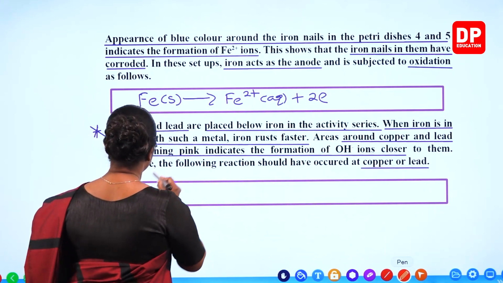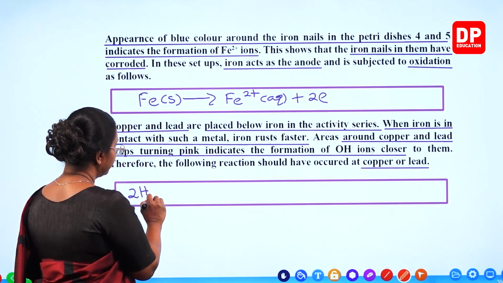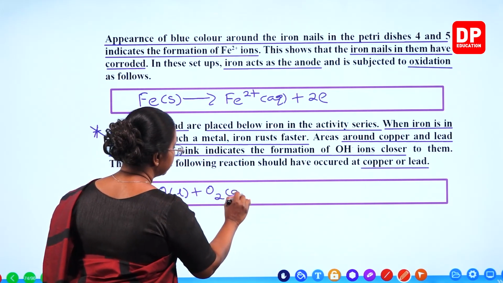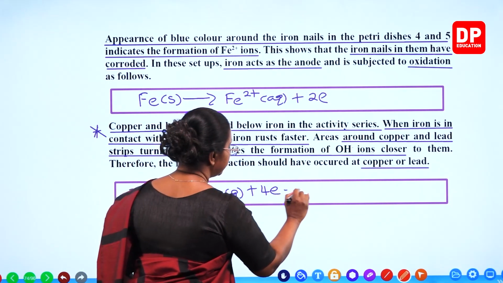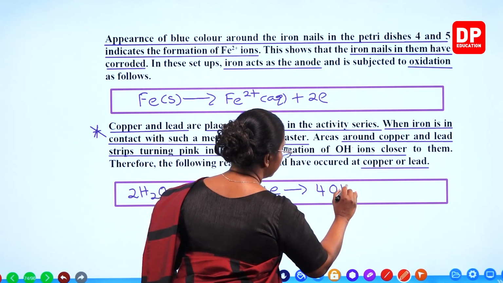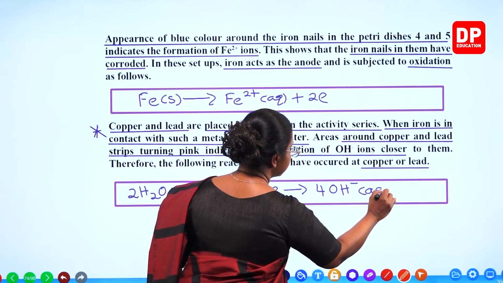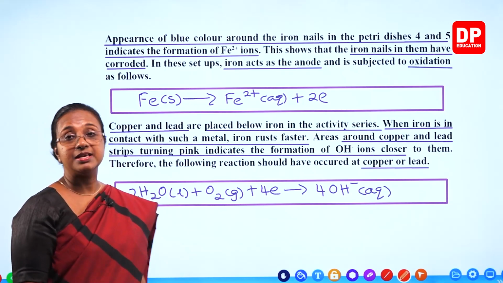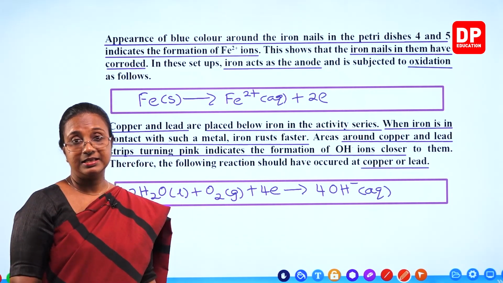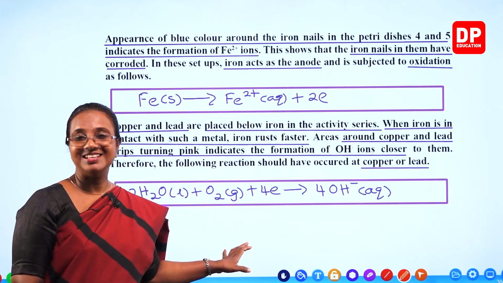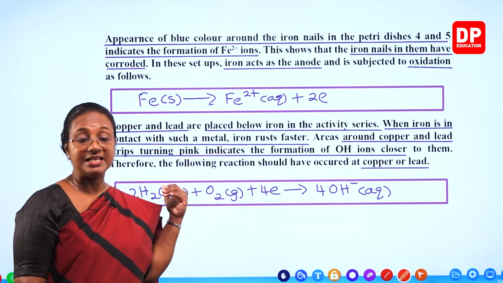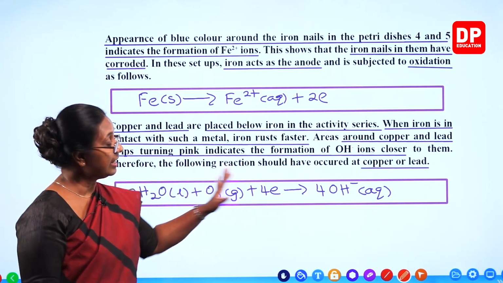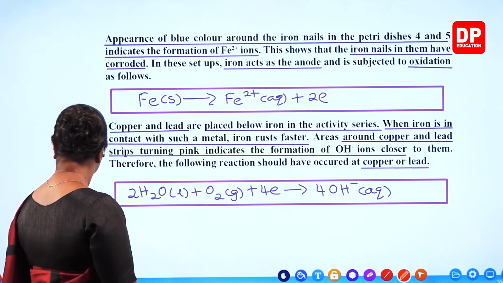What is that reaction? 2 water molecules with O2 gas taking up 4 electrons, giving rise to 4OH-(aq). So, that is the reaction taking place near copper and lead. I am sure you all can understand these also, students. I have explained all these in detail in the previous slide with the observation. So, then I'll move on to the next slide.